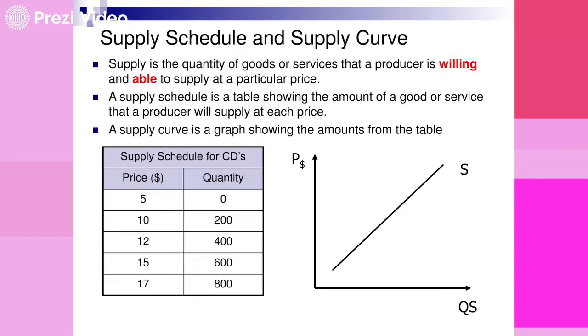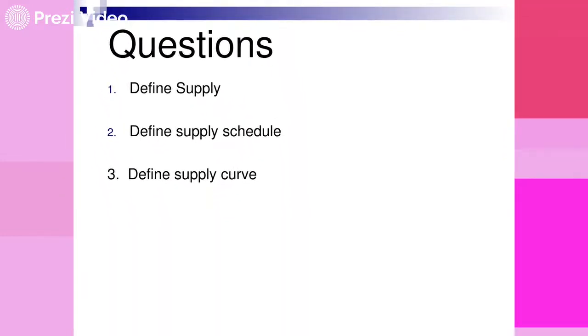So definitely double check that your curve is around the right way, not the demand curve way, which will go in the opposite direction. Before moving on, please make sure that you can define supply, that you can define what a supply schedule is, and that you can draw and define a supply curve and what it shows.